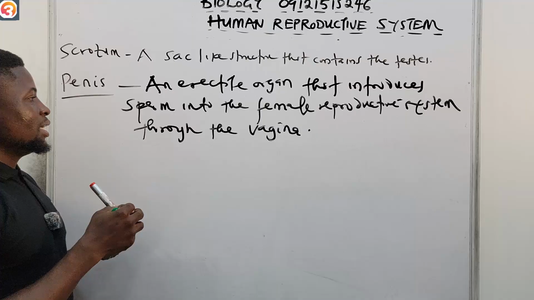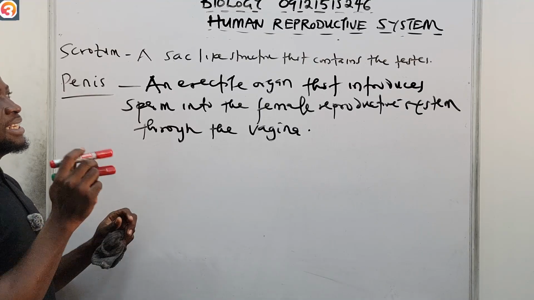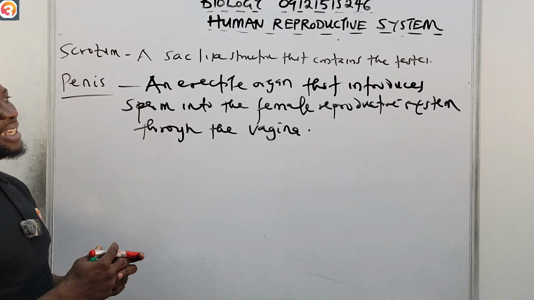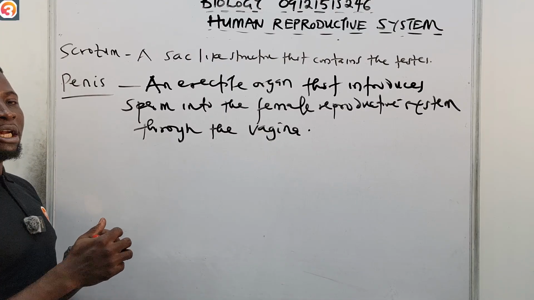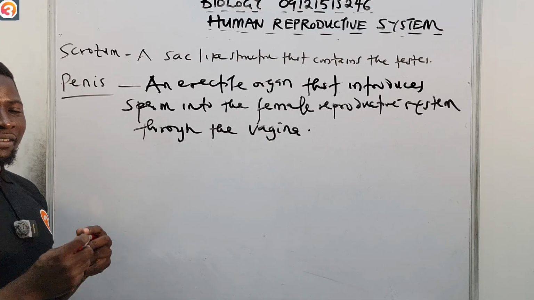All right, so the scrotum is a sac-like structure that contains the testes, while the penis is an erectile organ that introduces sperm into the female reproductive system through the vagina.